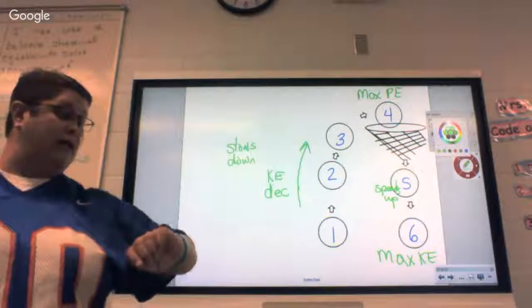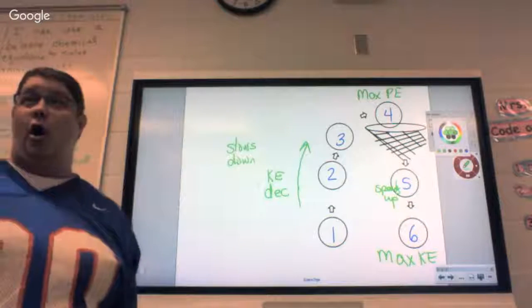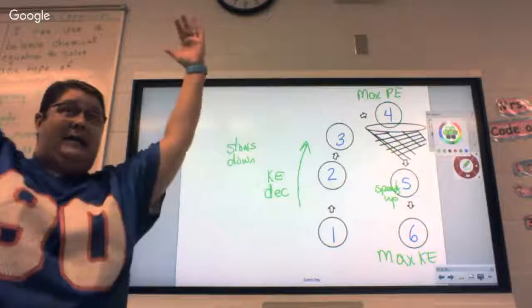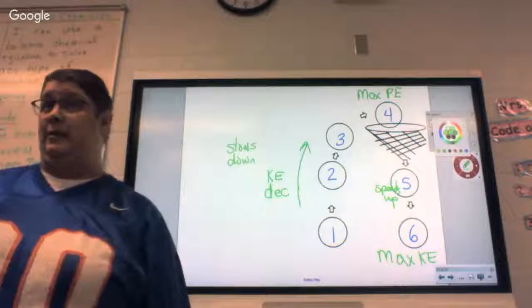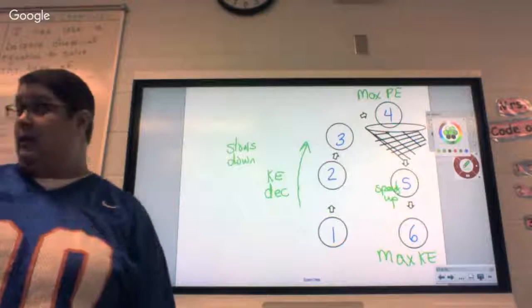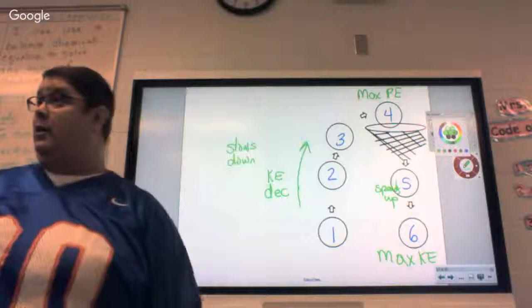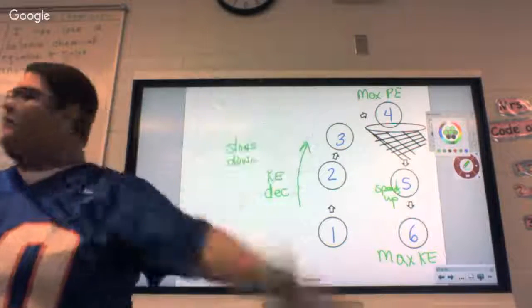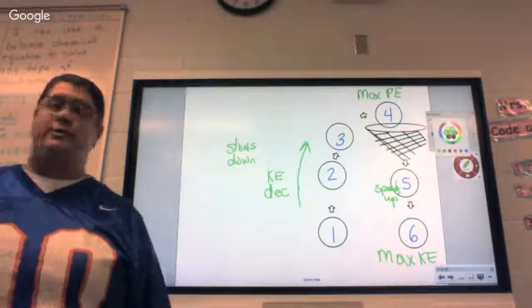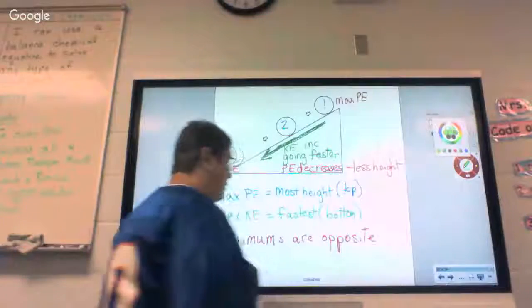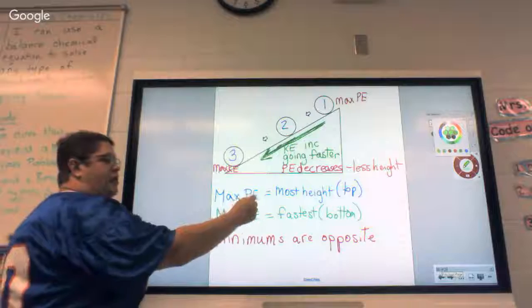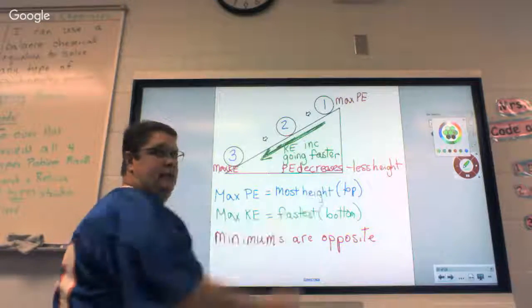Now, what's happening to the ball? Are they going more height or less height? More height. So if they're getting more height, what happens to their potential energy? Potential energy is about height.